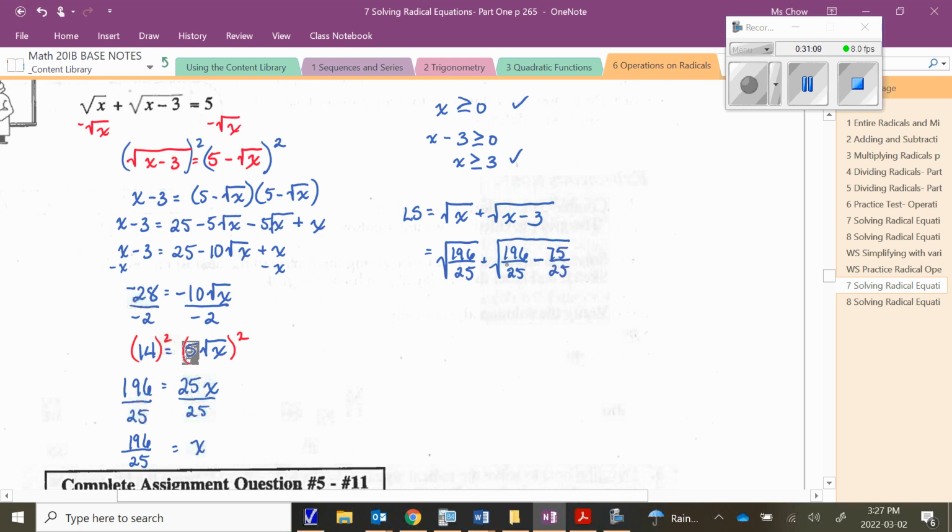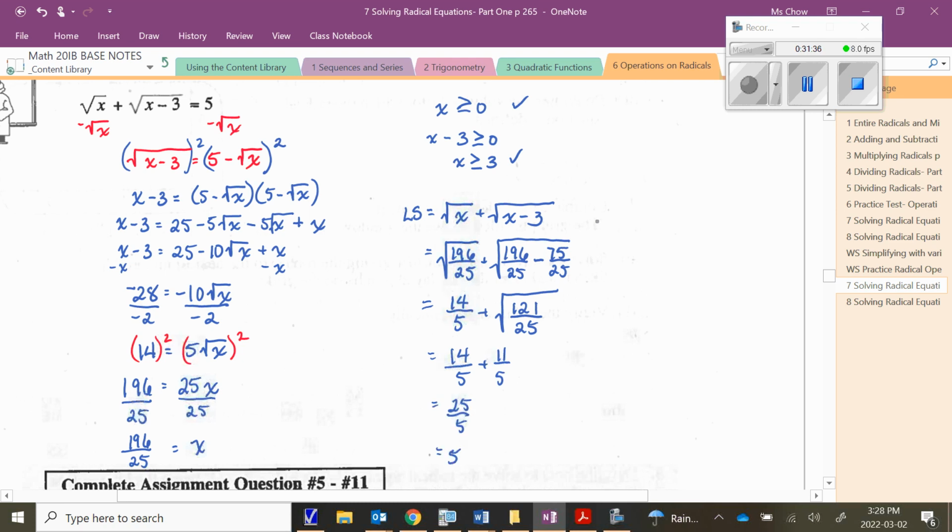So then square root of 196 is 14, and square root of 25 is 5, plus 196 over 25 minus 75 over 25 is 121 over 25. So that is 14 fifths plus 11 fifths. That is 25 fifths, which conveniently is 5.